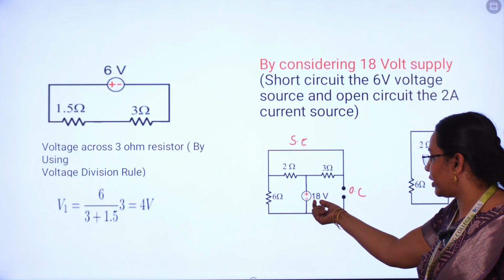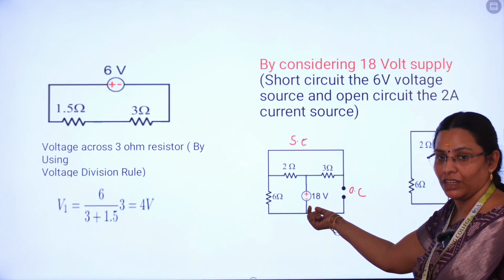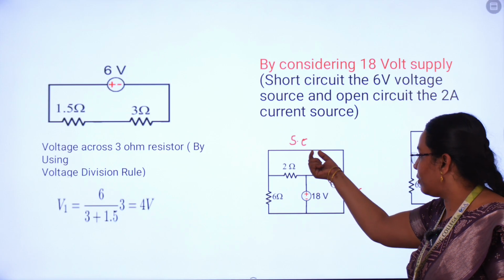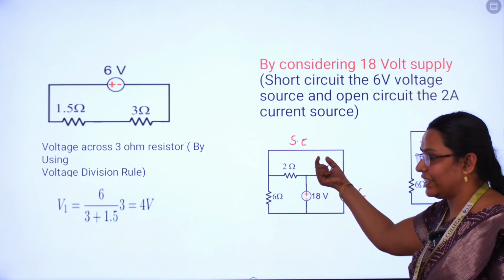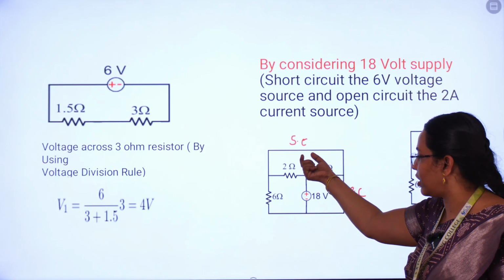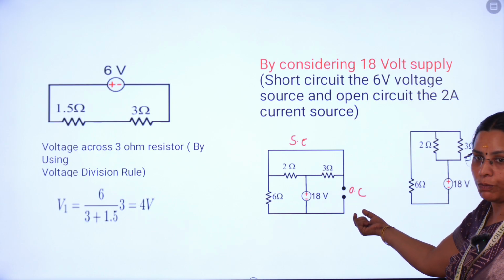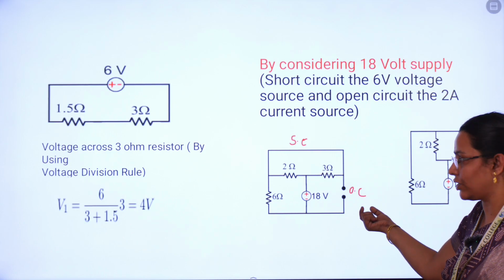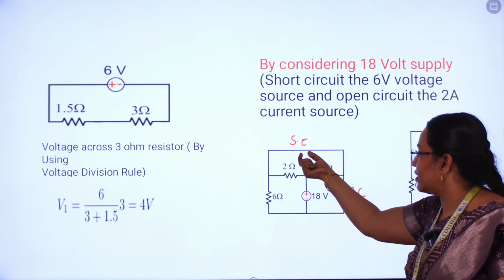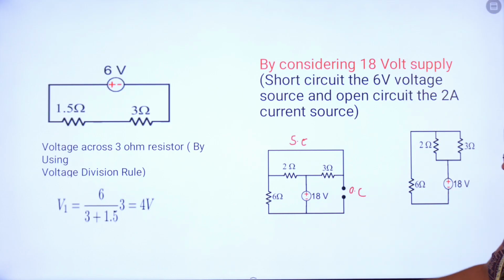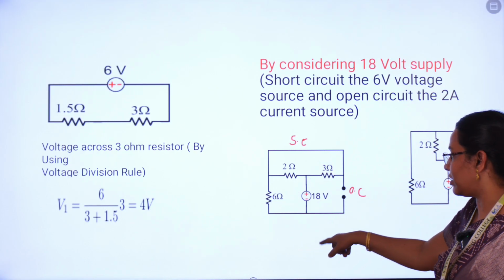We keep the 18 volt as the main source and the remaining 2 are deactivated: one is short circuited, the other is open circuited. The 2 amp is open circuited and the 6 volt is short circuited. So we have a diagram like this.